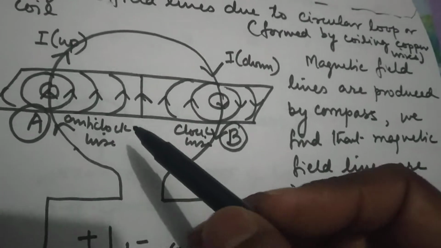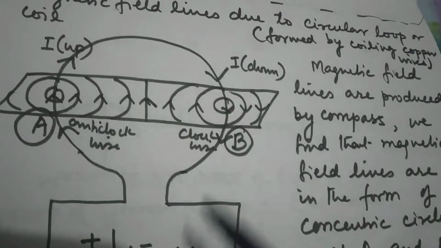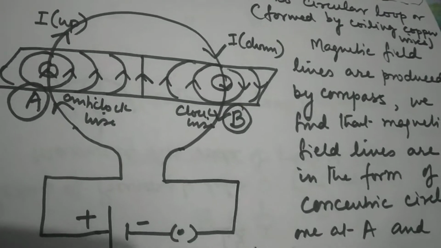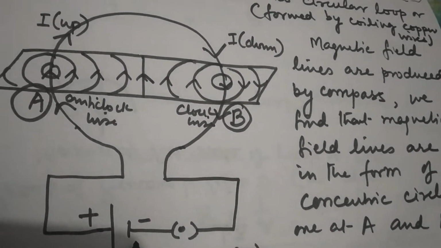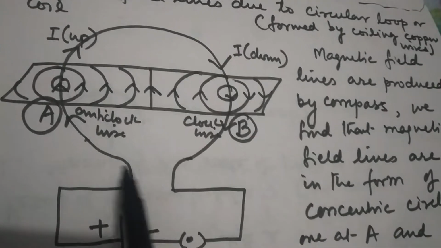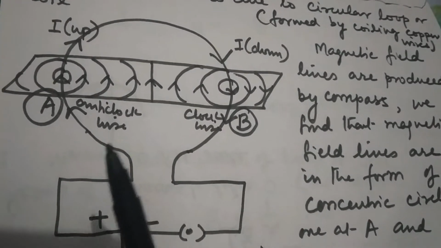If you see this diagram clearly, we have connected a cell or a battery with a switch, and we allowed the current to pass through it.